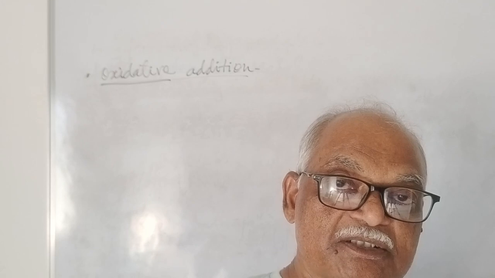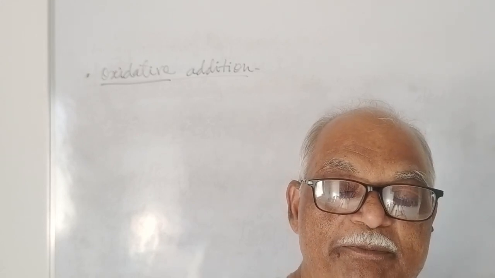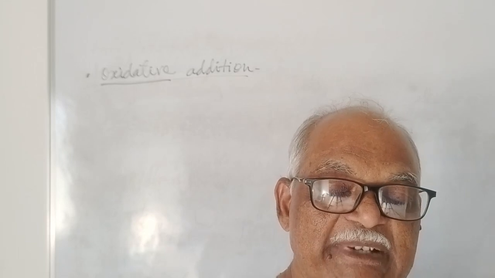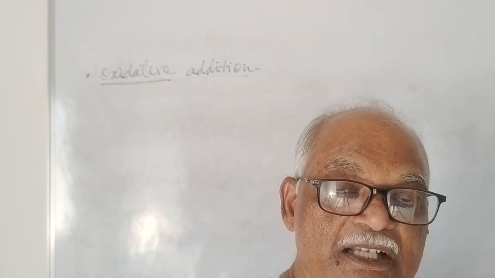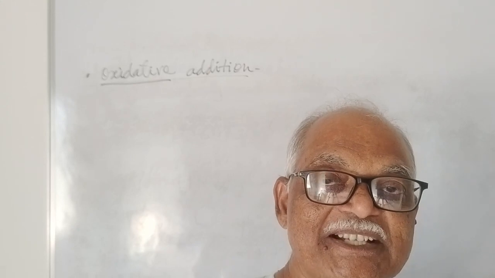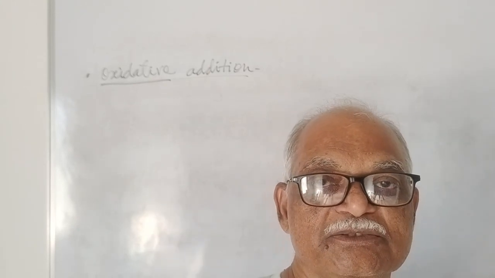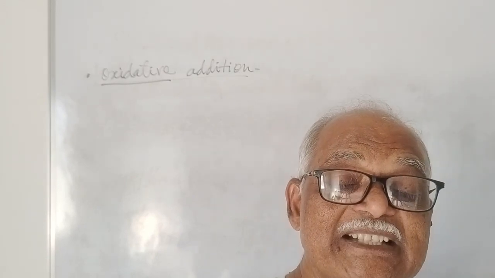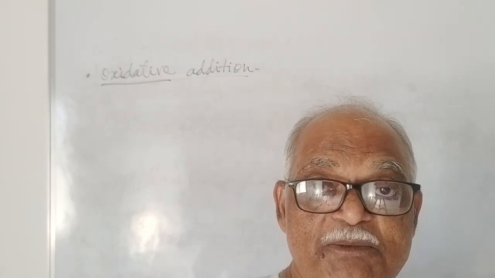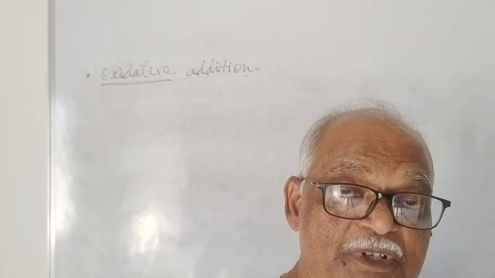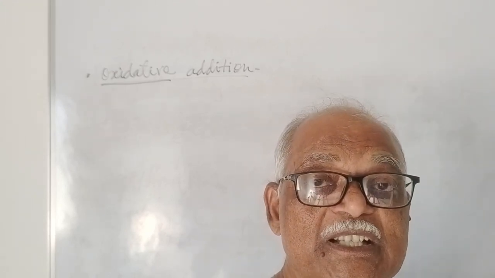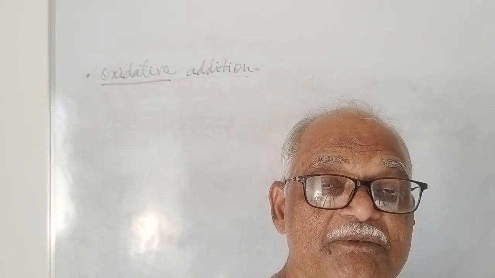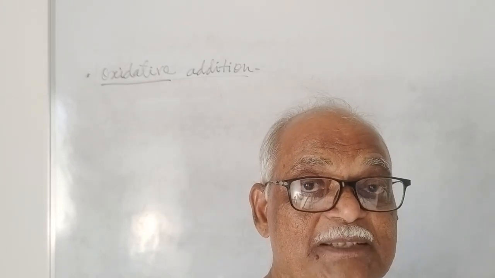But when the oxidation reaction takes place in case of metal, the oxidation state of that metal is increased. For this purpose, the metal required for this reaction should be in lower oxidation state, or the metal should be electron rich. The number of electrons present in the metal should be more. So after carrying out the reaction, some electrons are given out, that is the oxidation takes place.